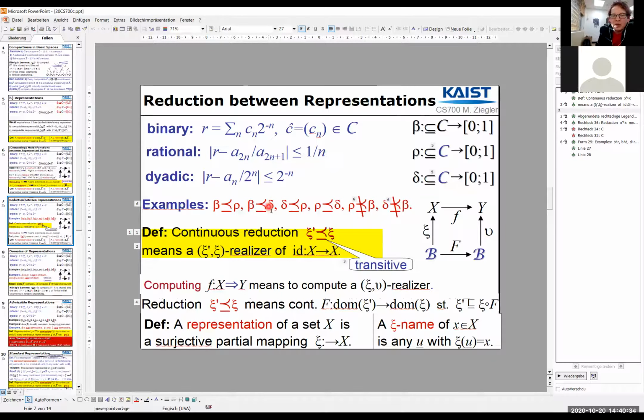We can convert everything to the dyadic representation. We can convert between them, but we cannot convert to the binary representation, neither from the rational nor the dyadic representation. We can convert from the binary representation, but not to, at least not continuously. And that's an important point here.